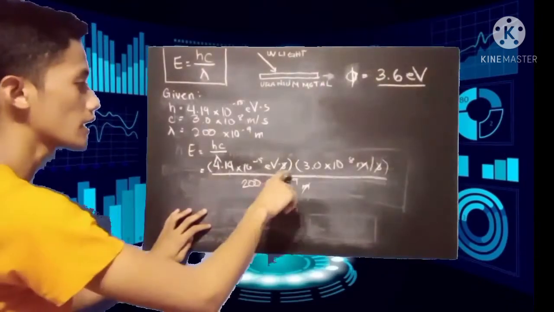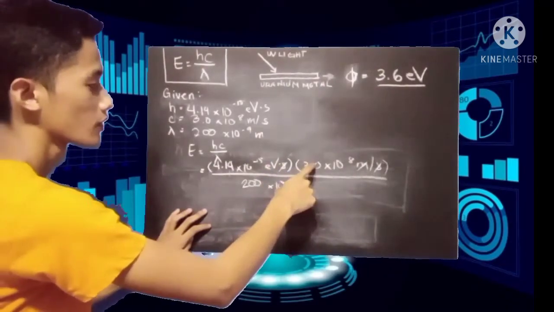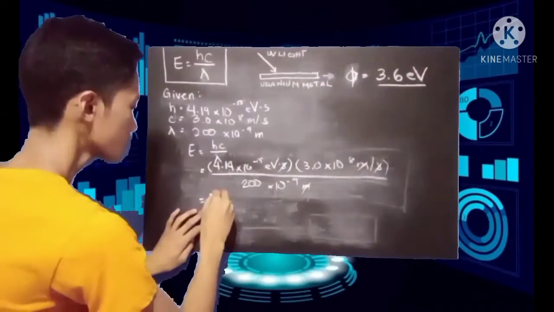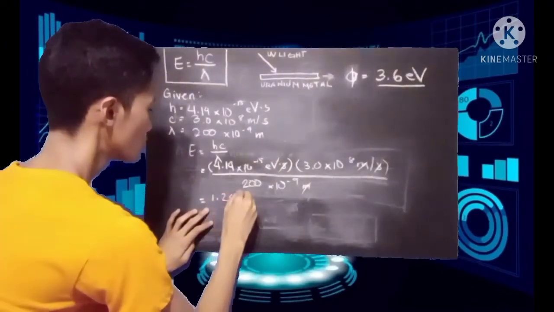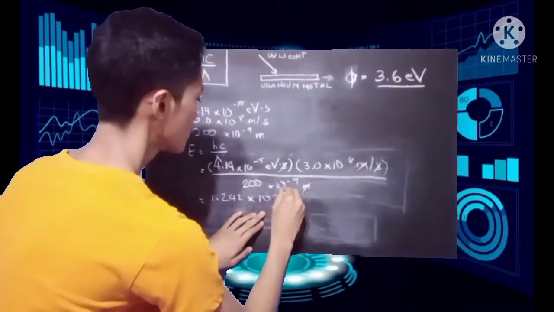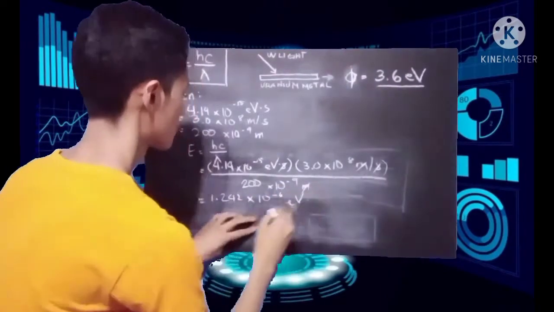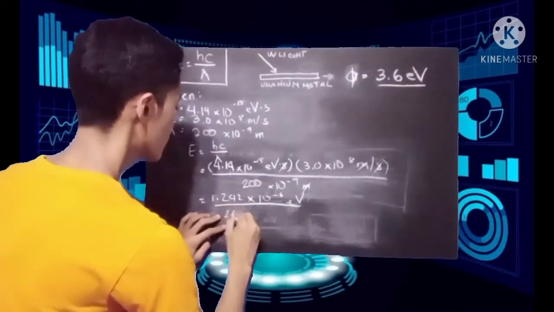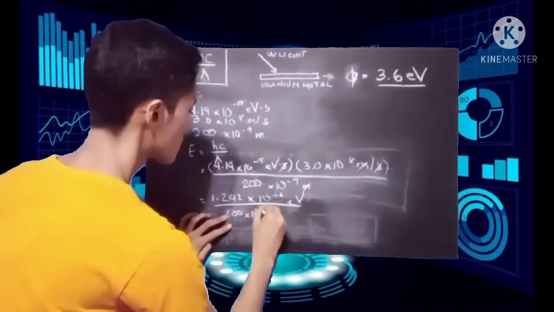If we multiply these two factors, we will now have 1.242 times 10 raised to negative 6 electron volts over the wavelength of the UV light, which is 200 times 10 raised to negative 9.